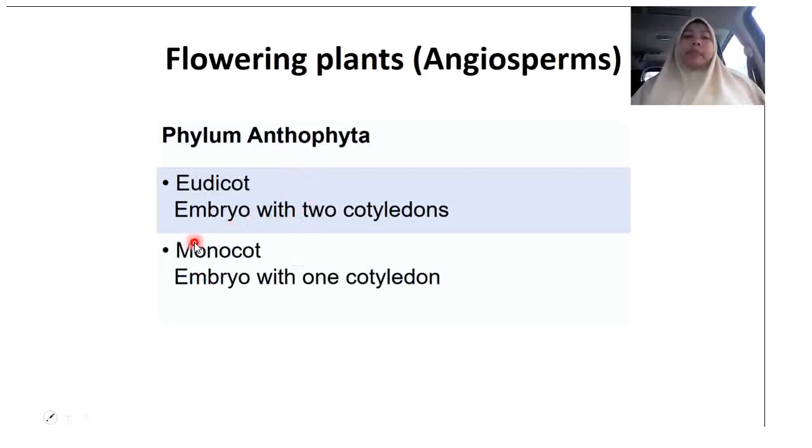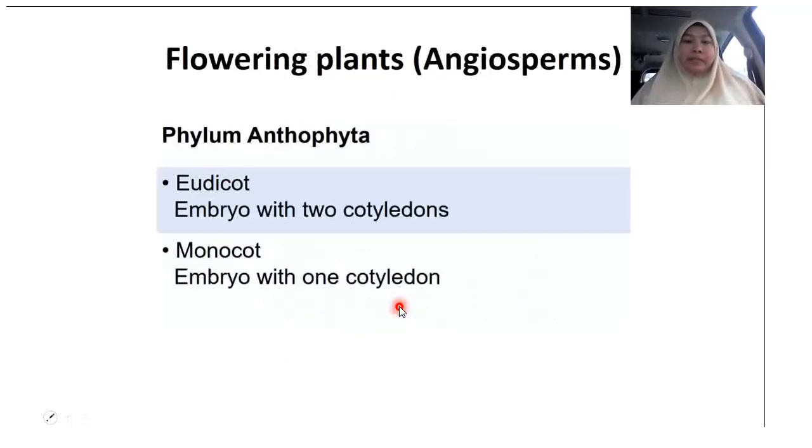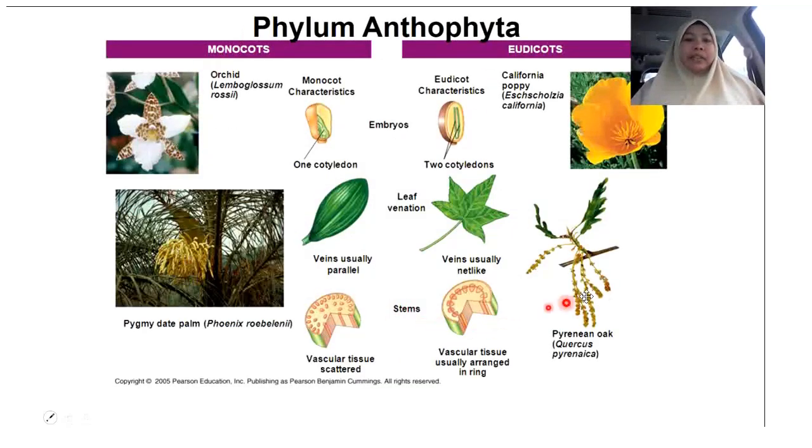Eudicot means the embryo has two cotyledons, while monocot has an embryo with only one cotyledon. You can see these differences in this picture. For monocot there is only one cotyledon, while for eudicot, the example flower here has two cotyledons.